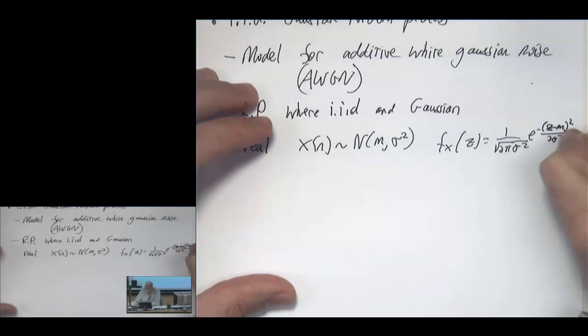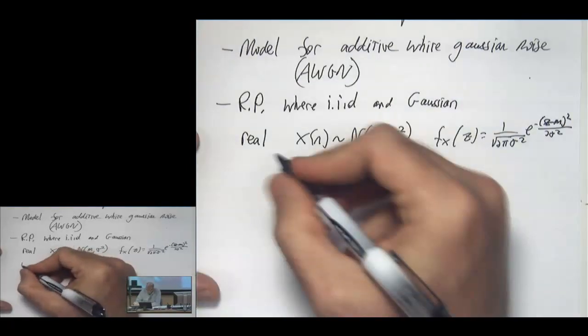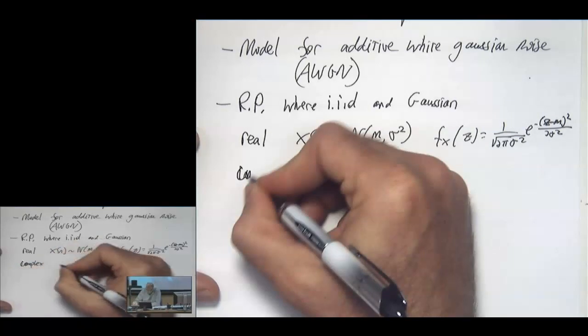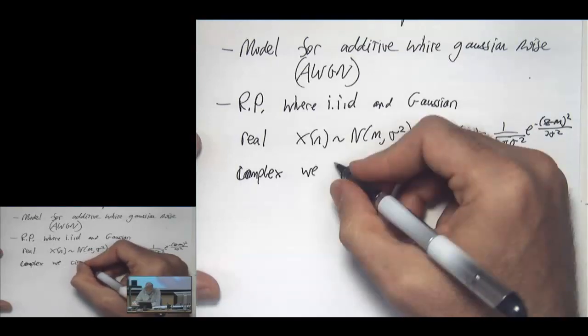And if it's complex, we treat this random process as something special. It's called circularly symmetric complex Gaussian.